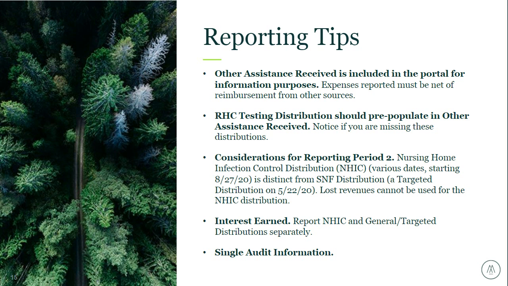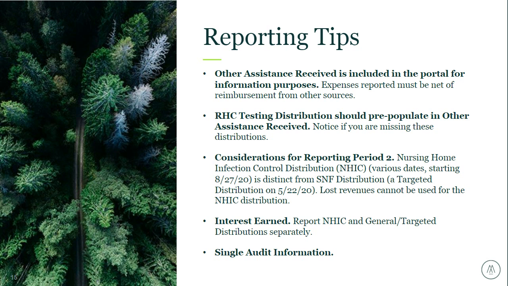Also, thinking about reporting period 2, I mentioned this before, but this is when the nursing home infection control distribution is going to come into play. These were distributed on various dates. If you're a nursing home, you'll probably remember you got a larger payment on August 27th, 2020, and then maybe some smaller monthly payments from November 2nd through February 12th of 2021.